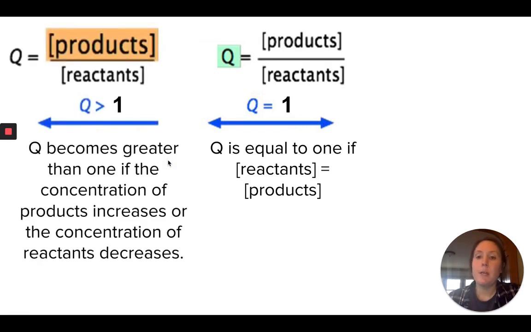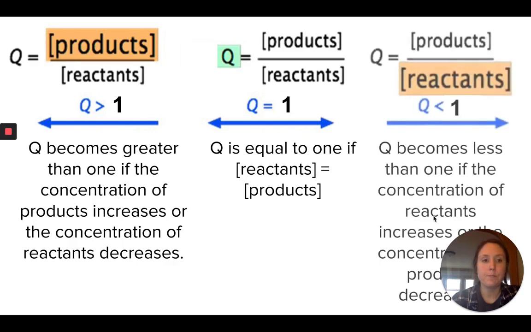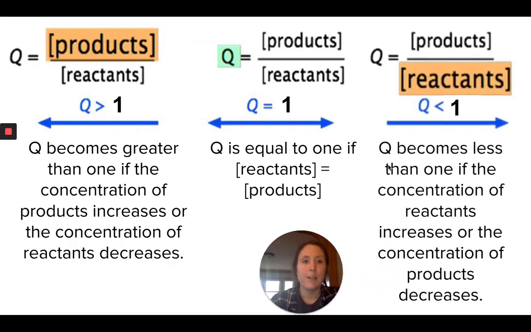If Q becomes greater than 1, that is because either the concentration of the products have increased or the concentration of the reactants on the denominator have decreased. If Q becomes less than 1, the concentration of the reactants on the denominator have increased, or the concentration of the products have decreased.